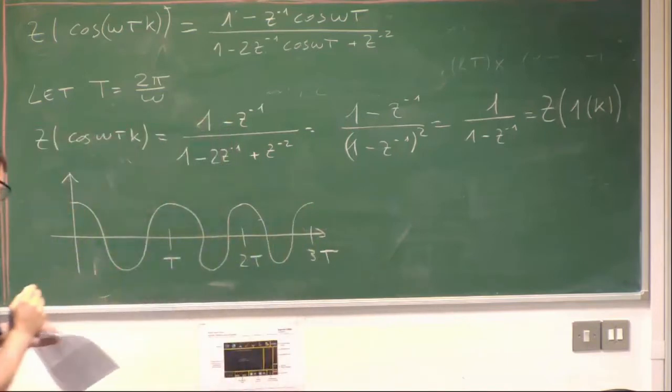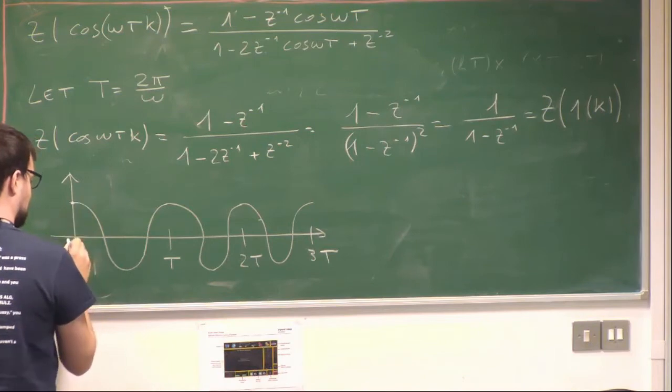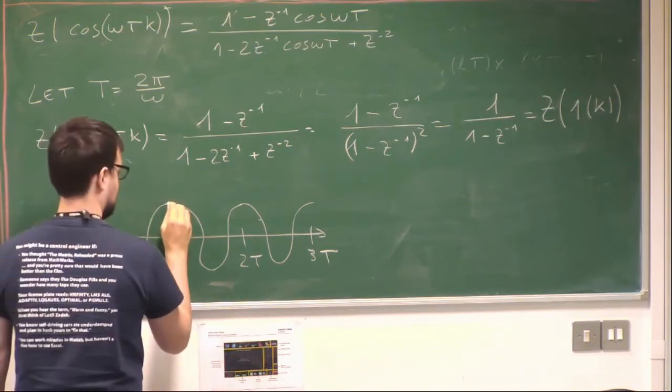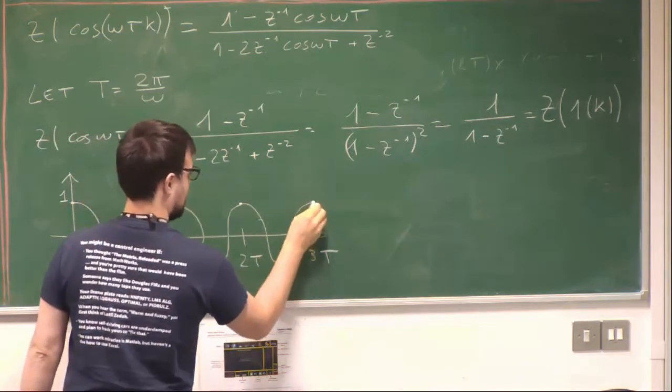And we see that at this point the value of the function is 1, at this point the value of the function is 1, at this point the value of the function is 1, and so on.